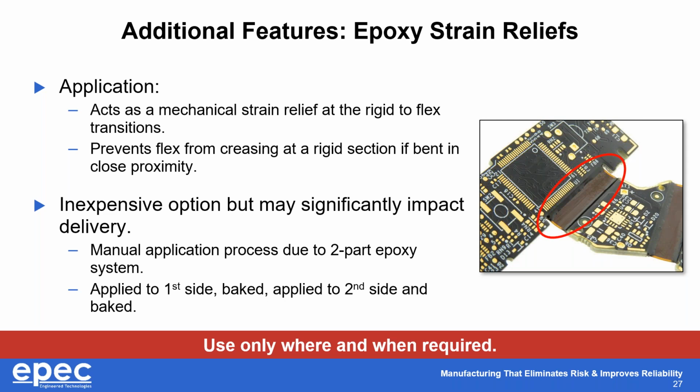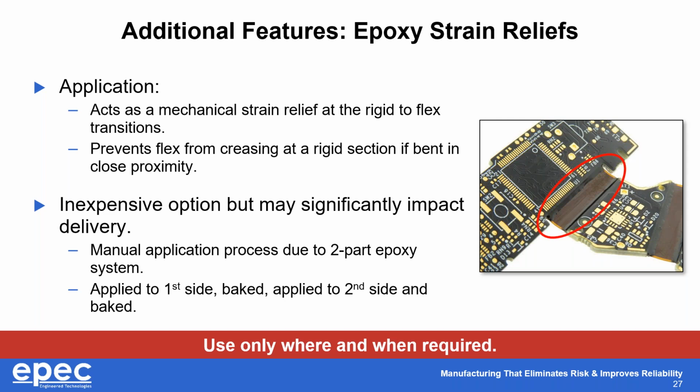The material is applied in a mechanical method, is manually applied, primarily due to the fact that it's a two-part epoxy system, which doesn't play well with automated application systems. Those systems tend to work well with one part, not where you have to have materials mixed and have a finite working time frame.